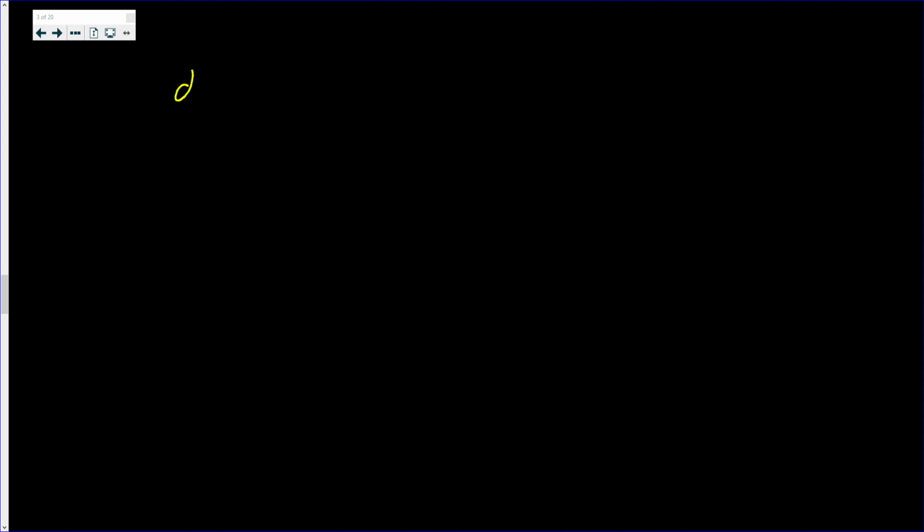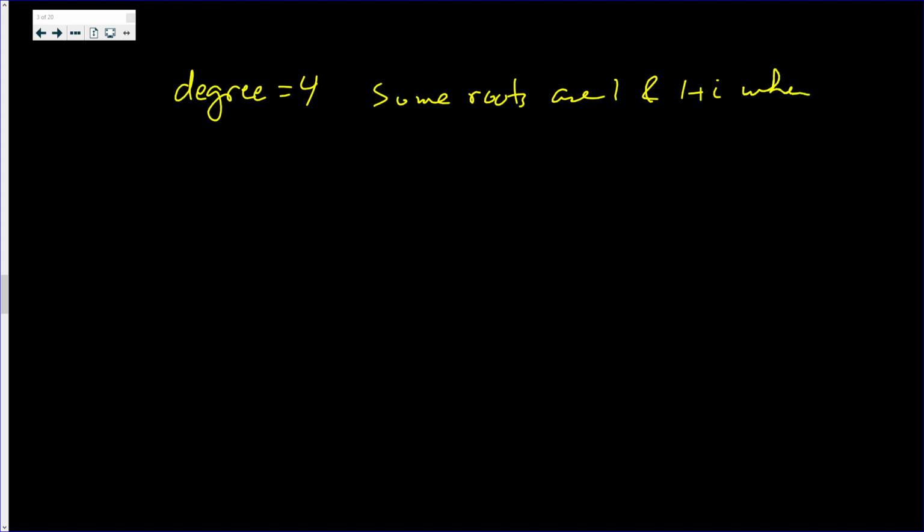Let's do this again. Suppose the degree of the polynomial with real coefficients is 4, and some roots are 1 and say 1 plus i, where 1 is a double root.